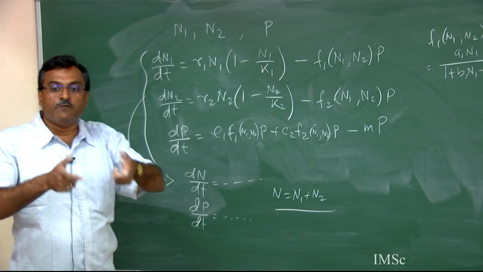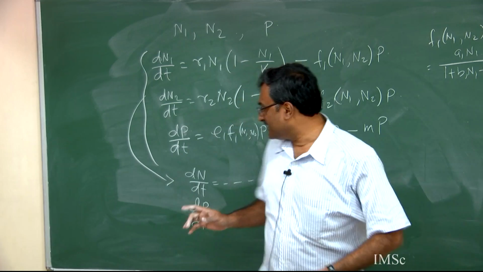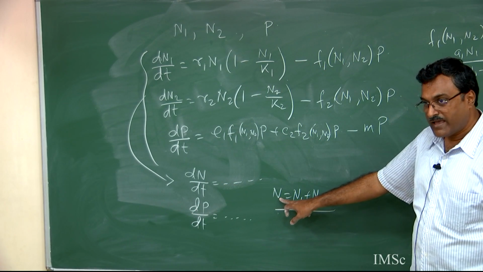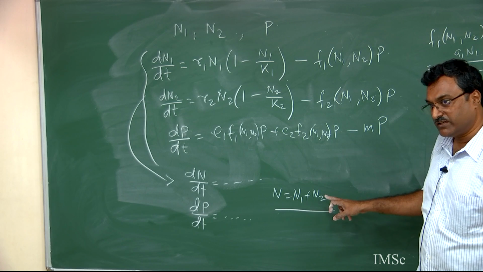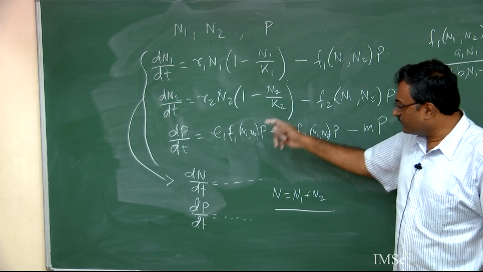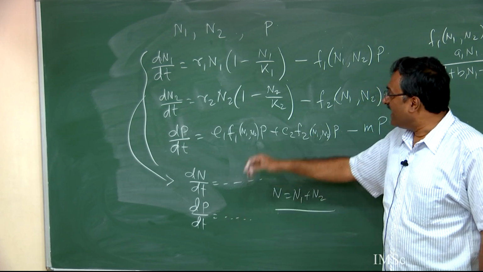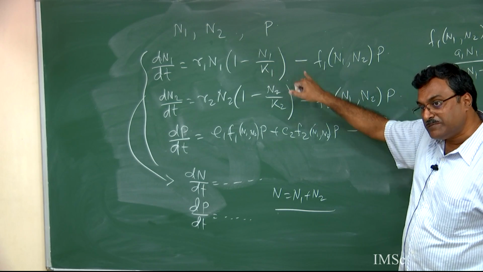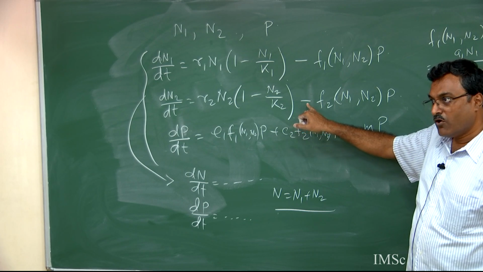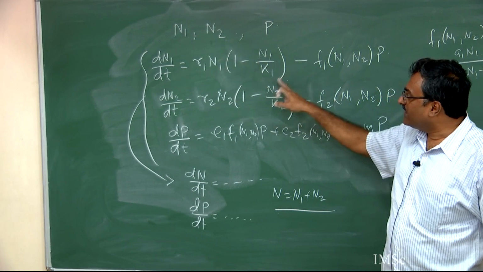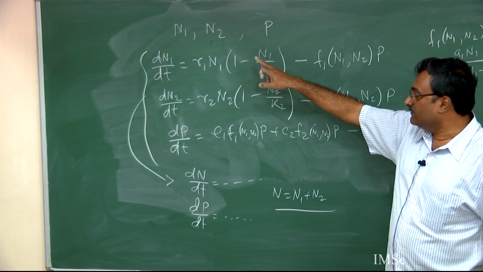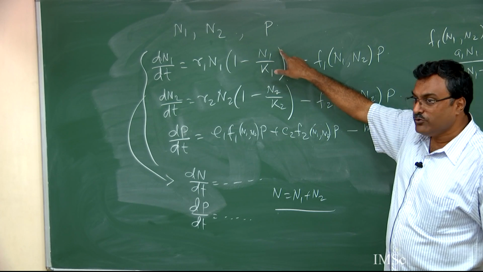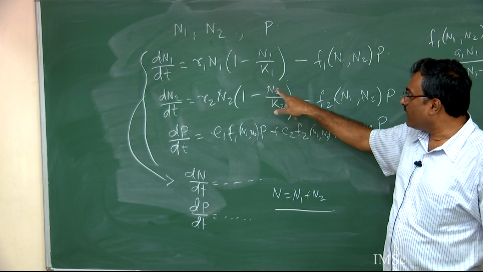So there are two different approaches. Based on this demand, if I want to consider N as the sum of both prey populations and derive this kind of model, then it is possible whenever you have this interspecific competition term, or this logistic growth term can be modified by writing N1 plus N2 here and N1 plus N2 here.